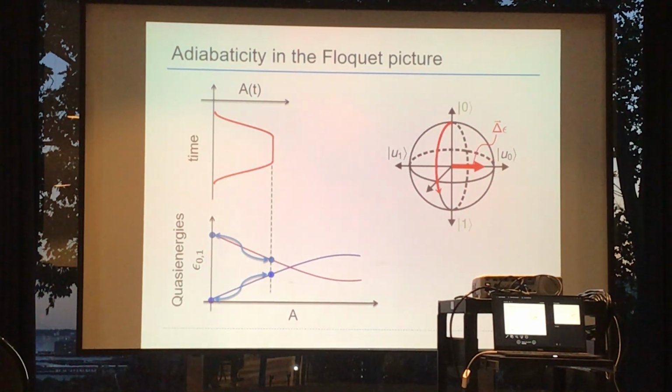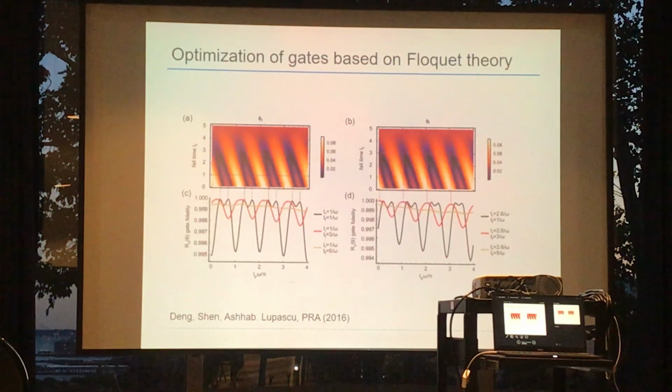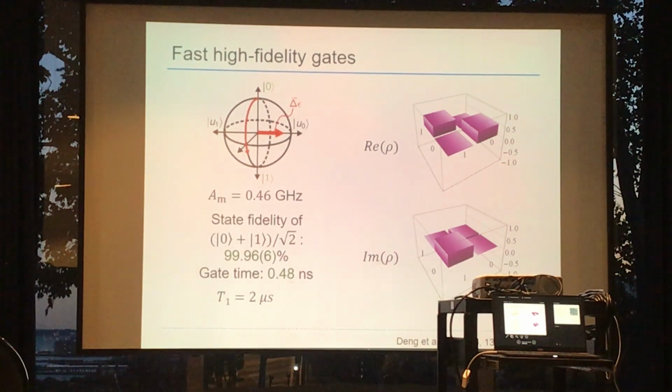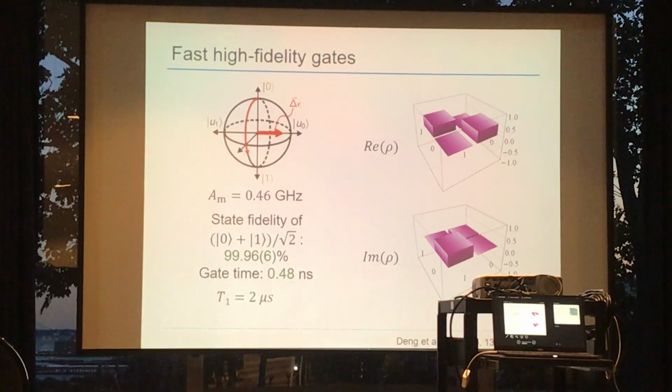So if you do this ramp up and ramp down fast, but not too fast, and using another trick based on interference at these stages, so you can be non-adiabatic but use a favorable interference condition, you can do extremely fast single qubit gates. Let me just show you the final results. So we had a superconducting qubit with a transition frequency of 1.7 gigahertz.